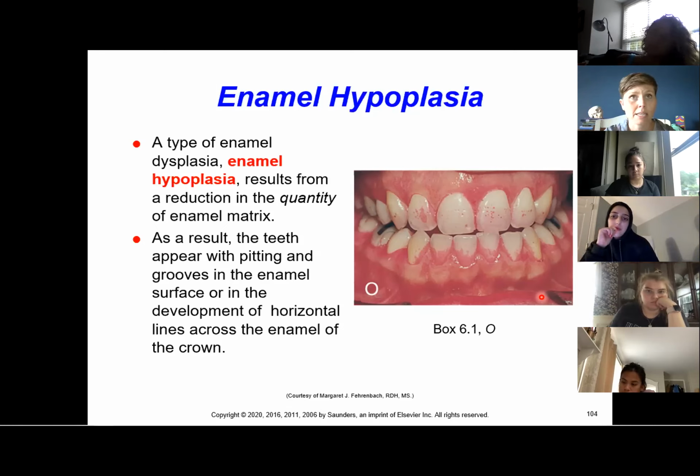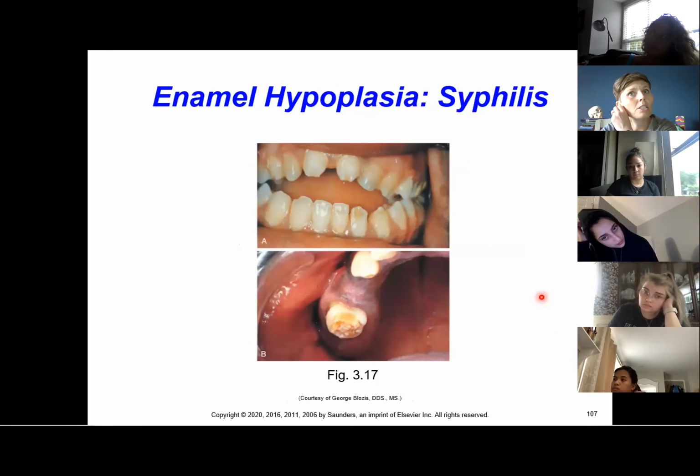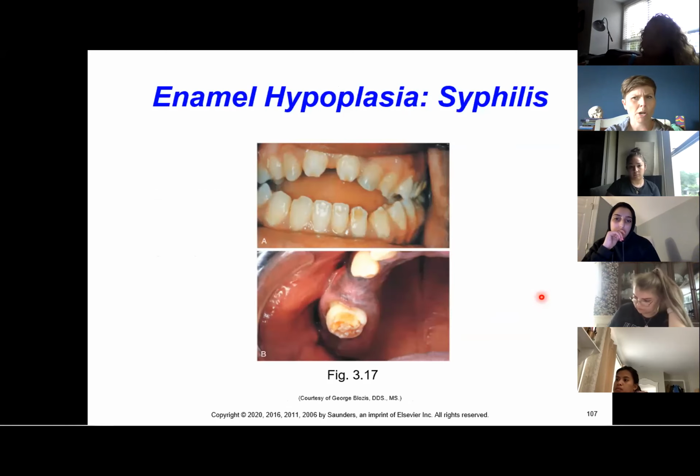Again, think about it: enamel hypoplasia would happen during the formation of enamel, which is happening during appositional growth. I'm going to let you guys really teach me about these different abnormalities. And I think we talked last week about the Mulberry molars and the Hutchinson's incisors as well.